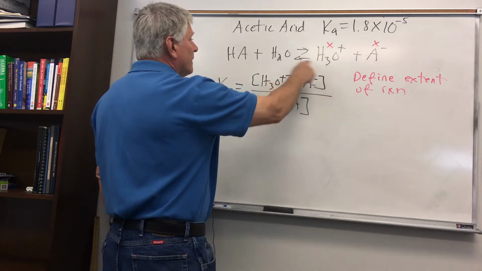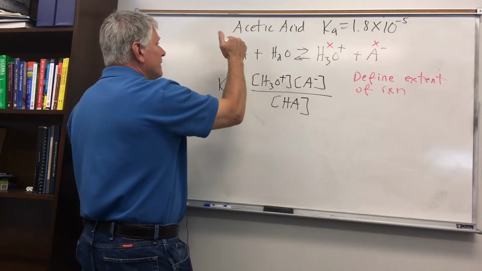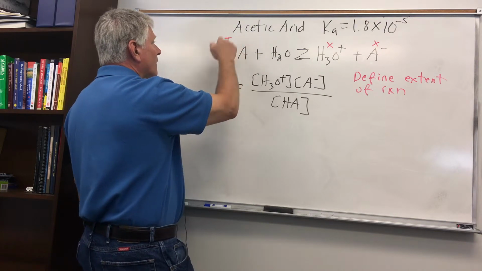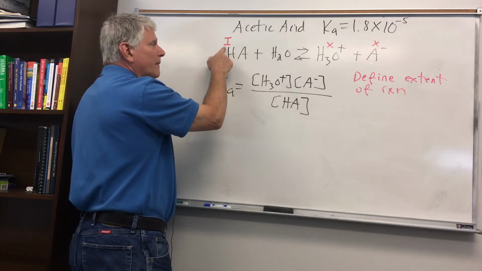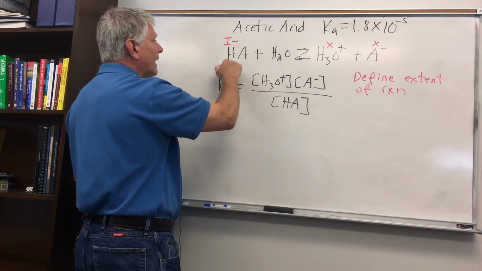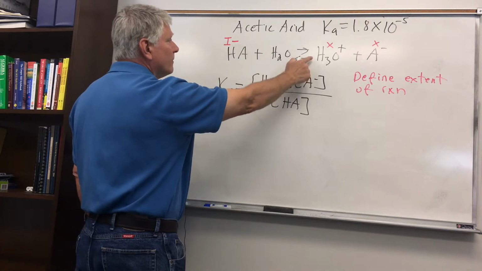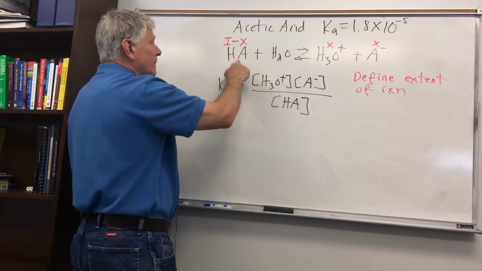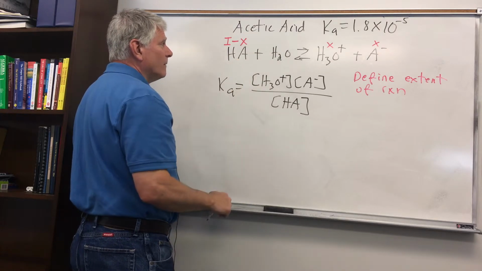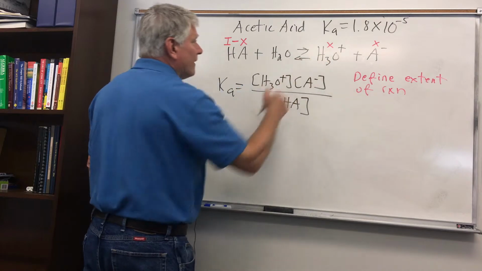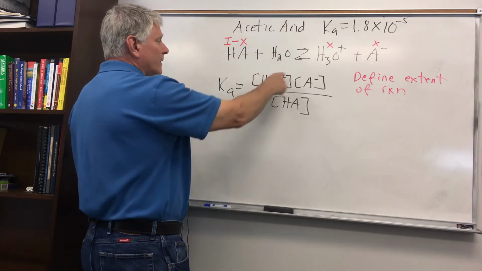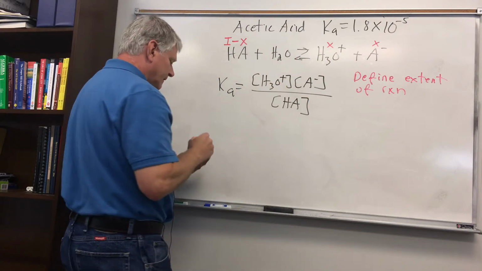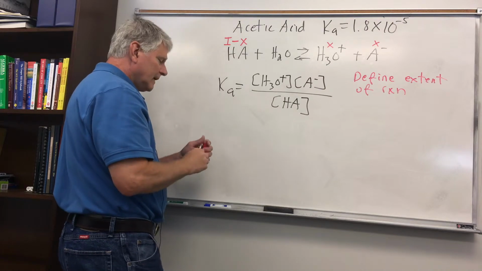And then the amount of HA is the amount we start with. I'll call that capital I for initial amount, minus how much reacts, and there's a 1-to-1 ratio between H3O+ and HA. So X amount of HA has reacted. So now we have values for X that we can put in the equilibrium constant expression.